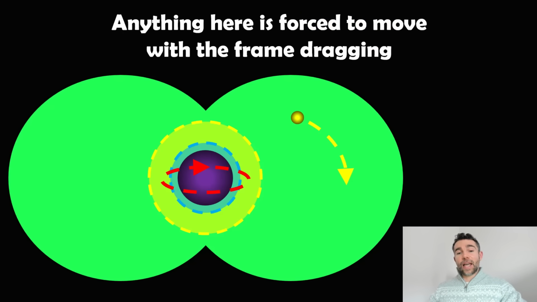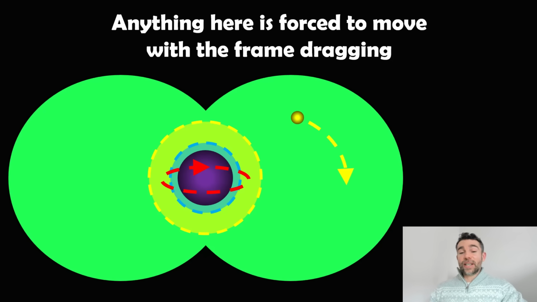If you were to put a particle there, anything within the ergosphere is going to move due to the frame drag in there. So if you're stationary in the space, to an outside observer, you're going to look like you're moving with that frame dragging, even if you're not. So you're essentially being moved by that.